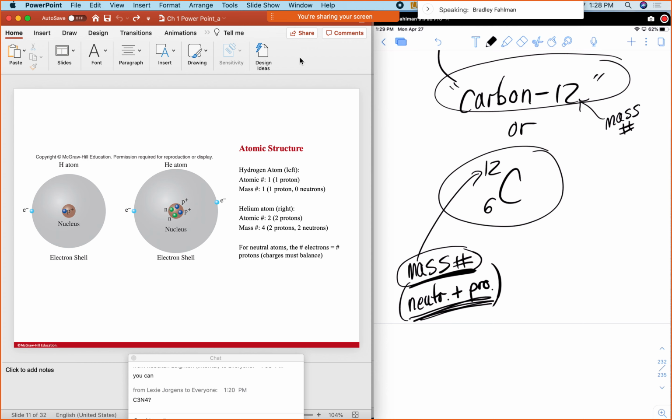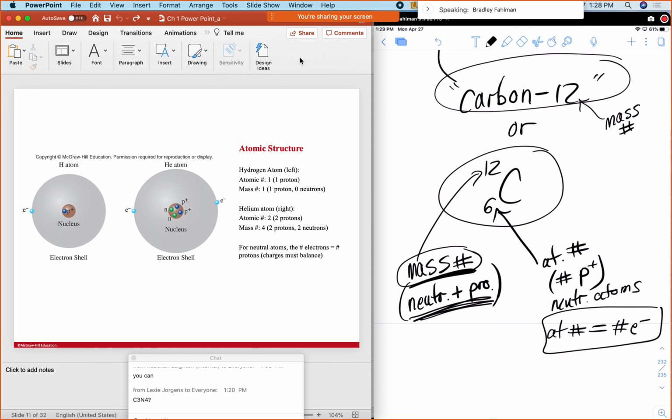Then that's your atomic number at the bottom, which is just your number of protons. And for neutral atoms, the atomic number is equal to the number of electrons also.